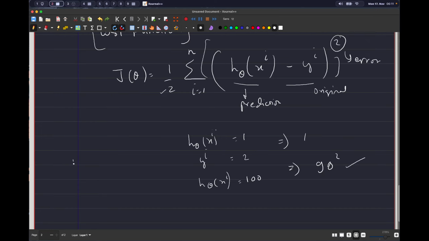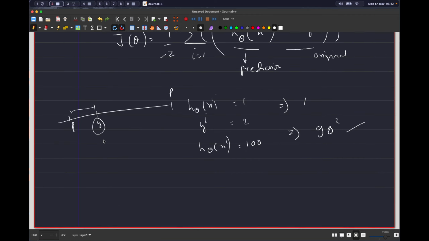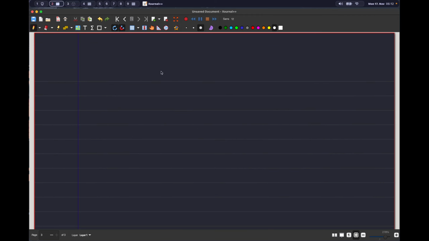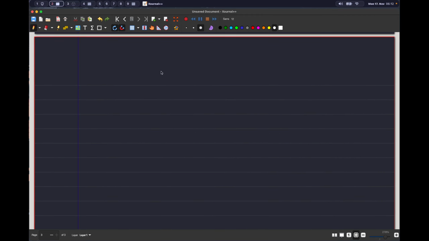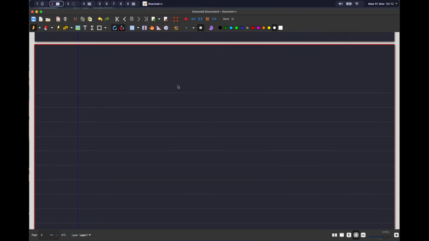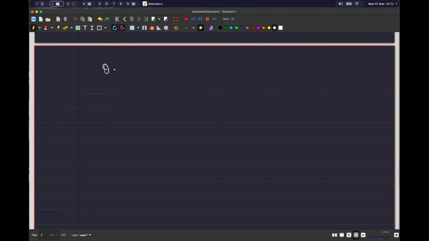So if this is your prediction on a number line, and if this is your original value, if the difference is small, the penalty cost will be lower. But if it is much farther away from the original term, the difference will be huge and the model will be penalized a lot, right? Now, how do we get theta?